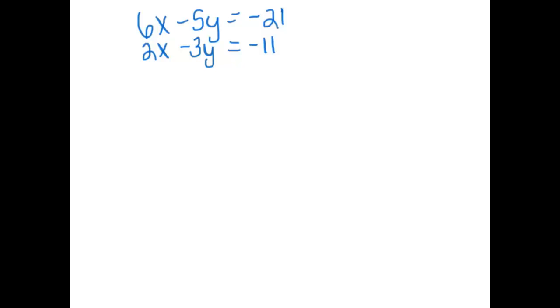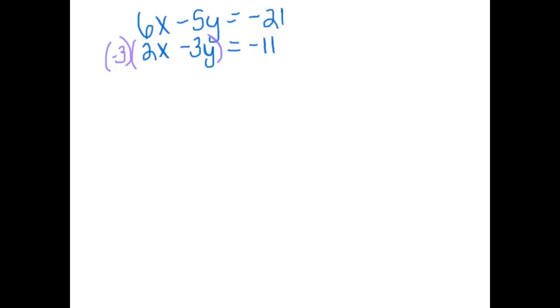The easiest way to do this, I believe for this system, is to multiply the bottom equation on each side by a negative 3. Think about why I picked negative 3. I wanted to turn this 2 into a negative 6. Then we'd have a 6x and a negative 6x. What would we multiply 2 by to get negative 6? That would be a negative 3.